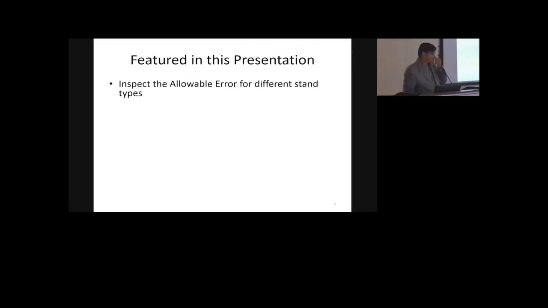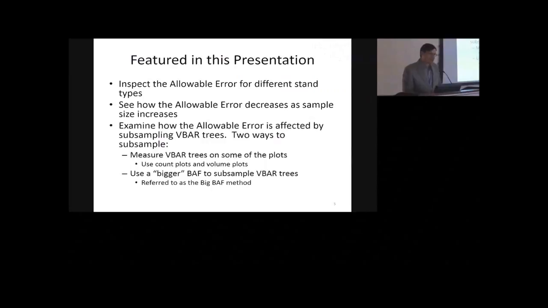Okay, so featured in this presentation, we're going to take a look at the allowable error for different stand types. We're going to see how that allowable error decreases as my sample size increases. And then we're going to examine how that allowable error changes depending on how I design my sample.